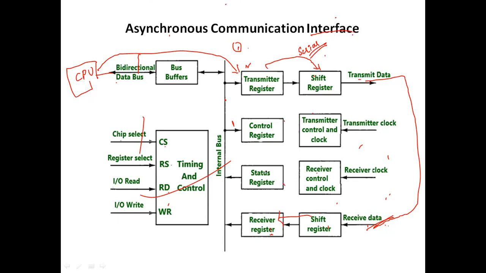The bits in the status register are used to check any errors during the transmission, for input and output flags. So the purpose of the status register is to check for errors.